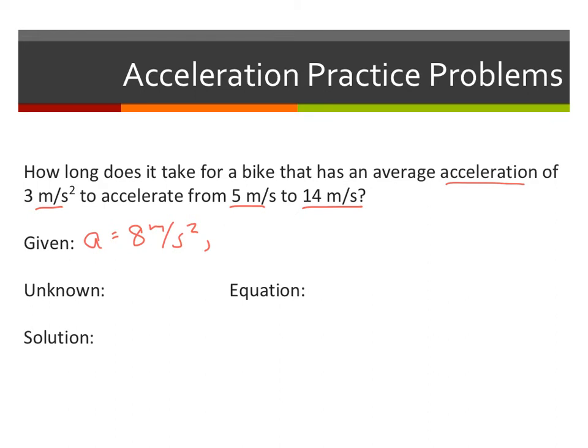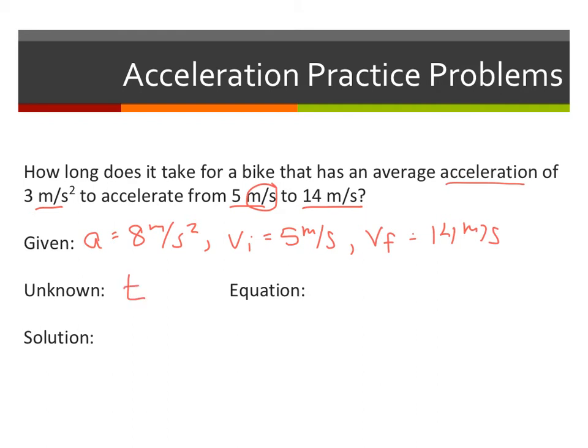These are velocities, and I can tell by the units if I wasn't sure. V initial equals 5 meters per second. V final equals 14 meters per second. So that's its starting speed and its ending speed. And I want to know how long will it take, so time is my unknown.